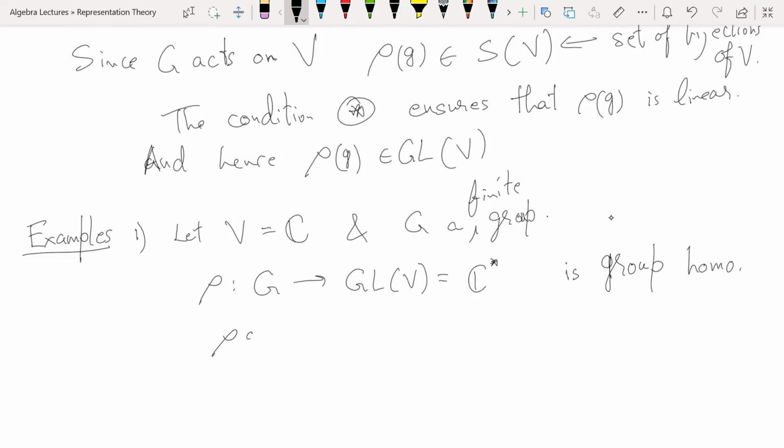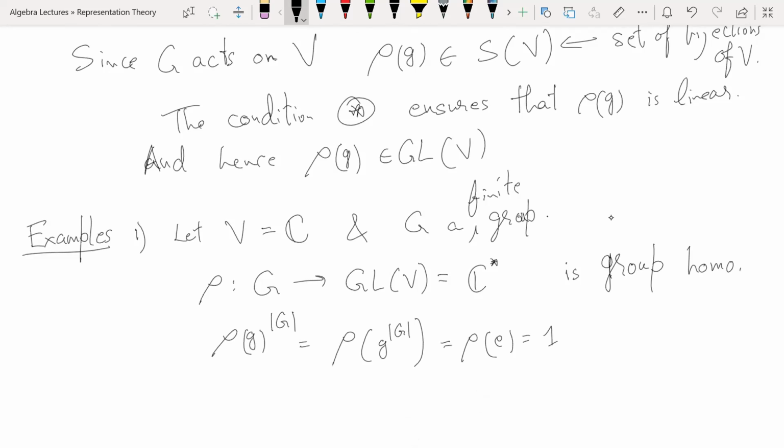Note that rho of G to the power order of G is the same as rho of G to the order of G, and G to the order of G is the identity. So this is rho of e, which is 1.